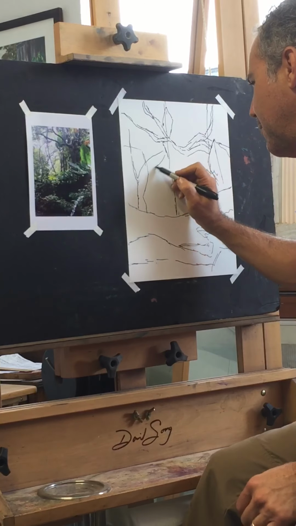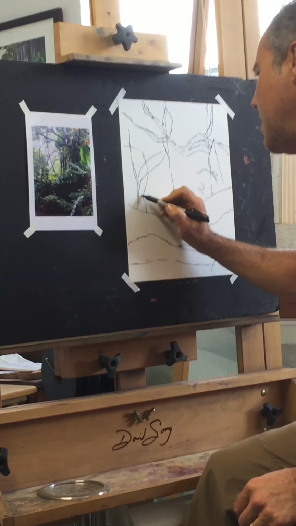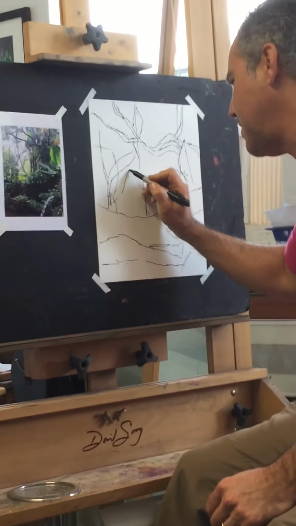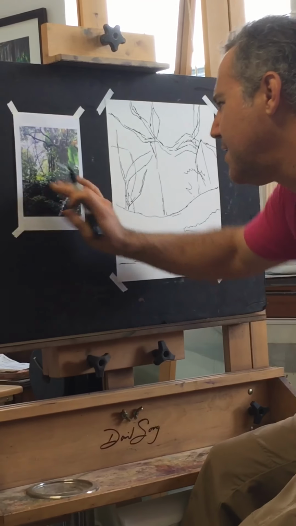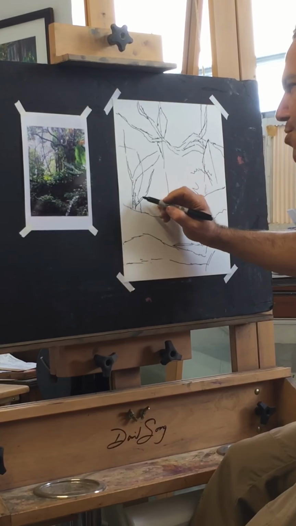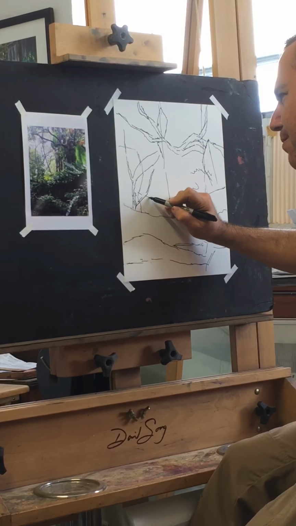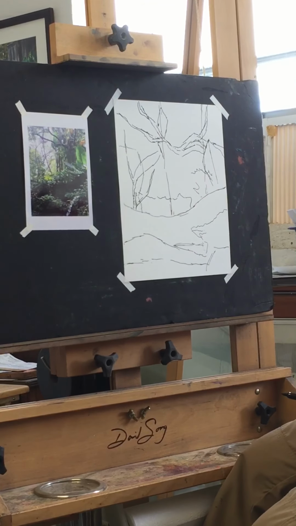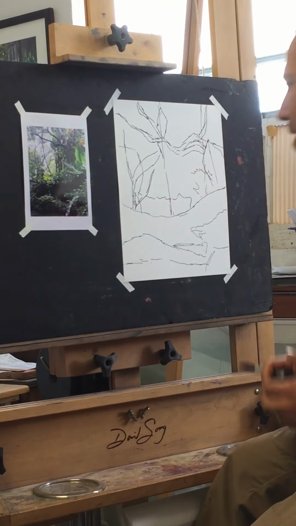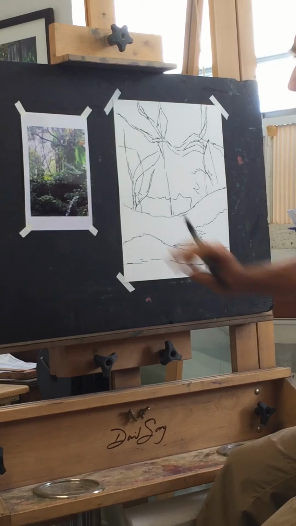You see this cluster of branches that's in there, and then there's a smaller branch that sticks out right there. And then you have this group of foliage that's going right across there, and that's it for the major pieces of the puzzle.